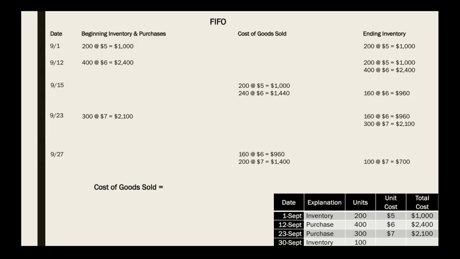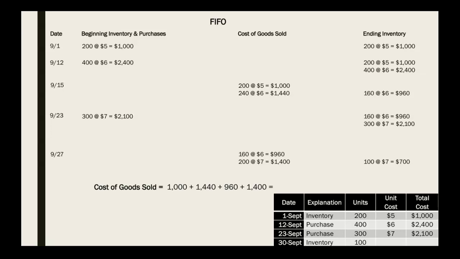So now we need to figure out our cost of goods sold and our ending inventory. So for cost of goods sold, we are just going to look at the middle column, the cost of goods sold column. And we're going to look at the total values. The $1,000, the $1,440, $960, and $1,400.